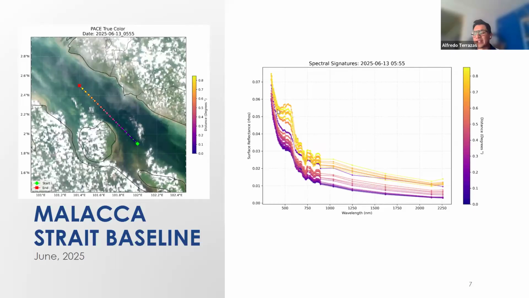So this was a first glance that maybe this spectrum could be showing us the presence of the oil, since we struggled a little with the true color images, trying to identify if it was oil or something else. We also had some trouble because of the clouds and all the things that maybe we do not know about, like all the organic matter that might be here. So we worked on that.